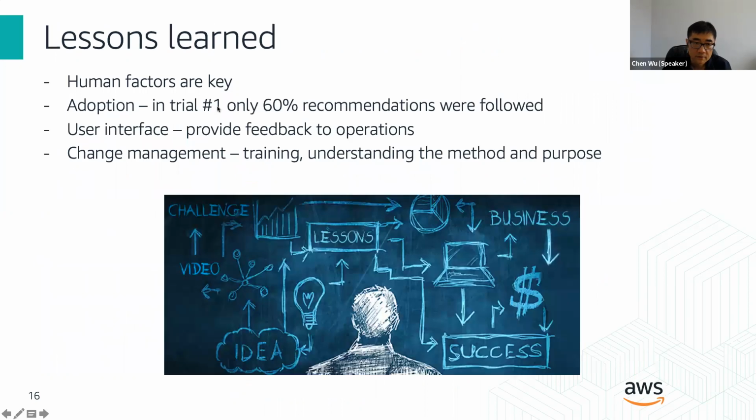The lessons learned from all these different exercises of reinforcement learning seem to suggest that human factors are still the key. In many cases, only a portion of what we recommended the operators do is really taken seriously by them.